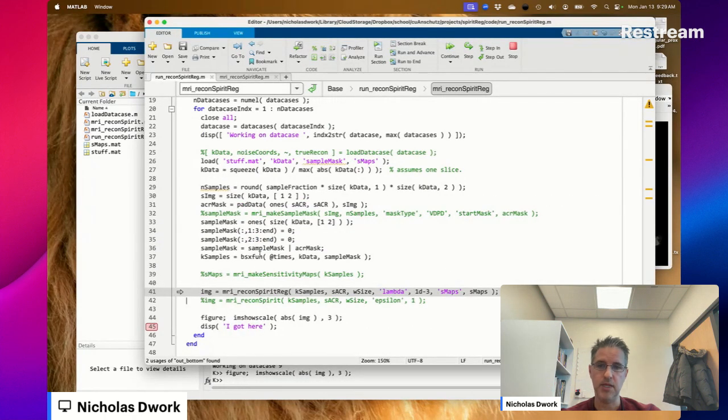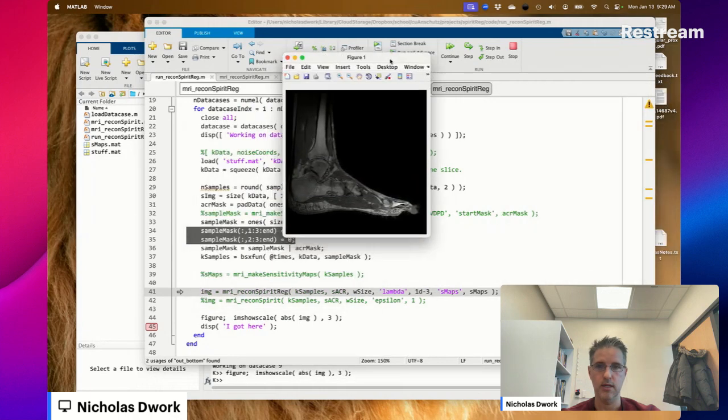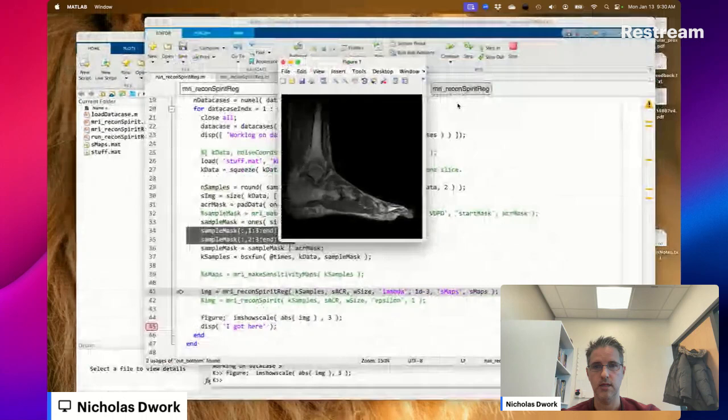That's undersampling by 3. Looks like it's working.